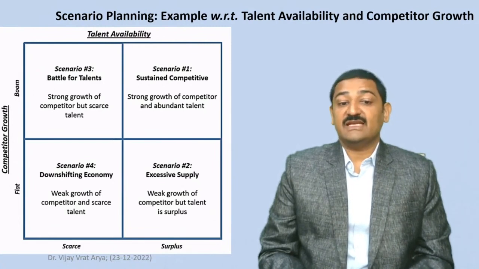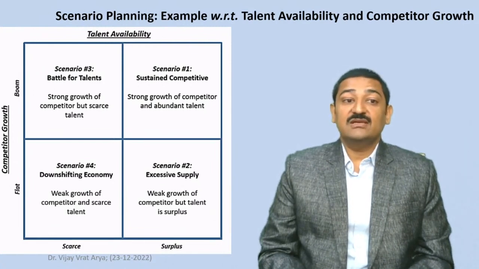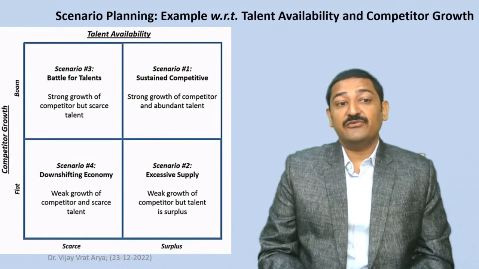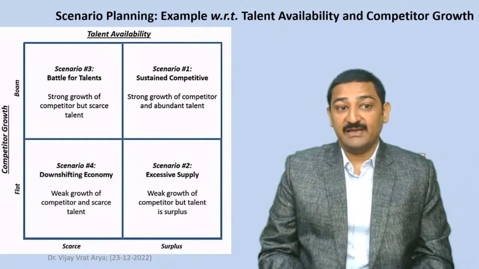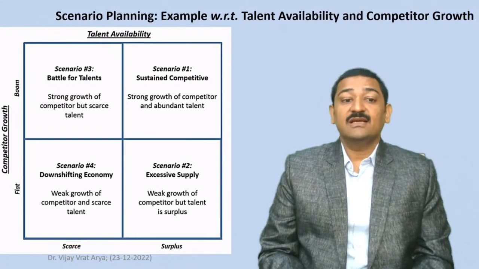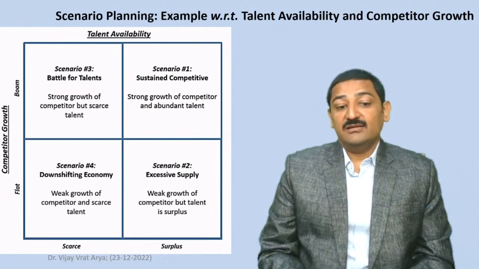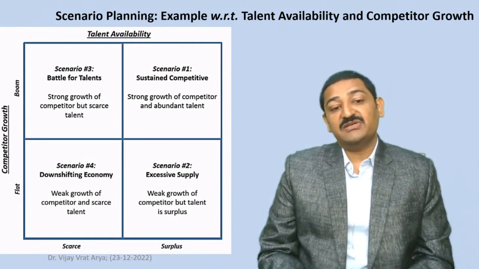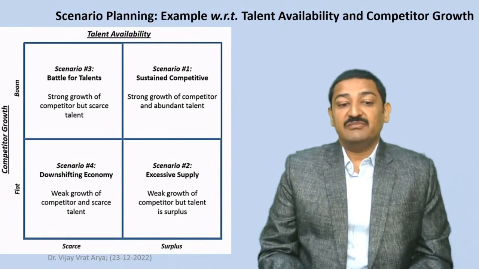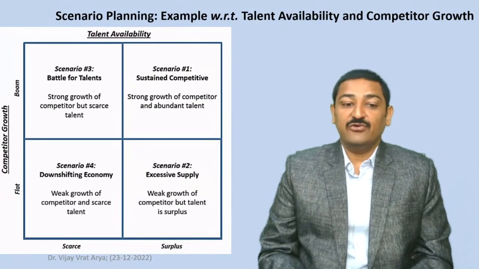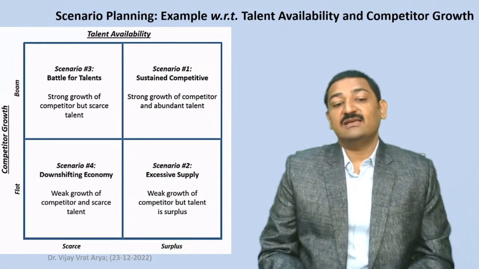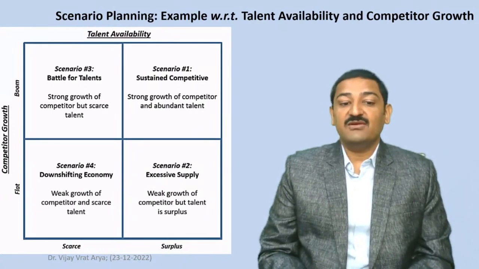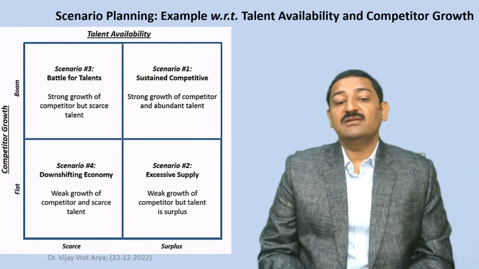But if we refer to scenario two, from the talent availability point of view, scenario two has been defined as excessive supply. The talent is in surplus, but at the same time, the competitor growth is flagged, means the growth is not that high. It is weak growth. Therefore, we can interpret that scenario two is having weak growth of competitor, but the talent is in surplus.